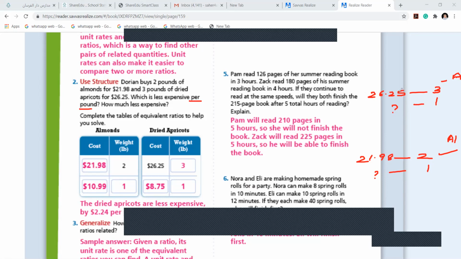So of course I will divide 26.25 by 3. And here I will divide 21.98 by 2.